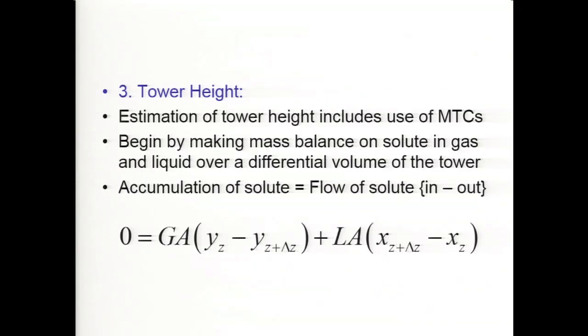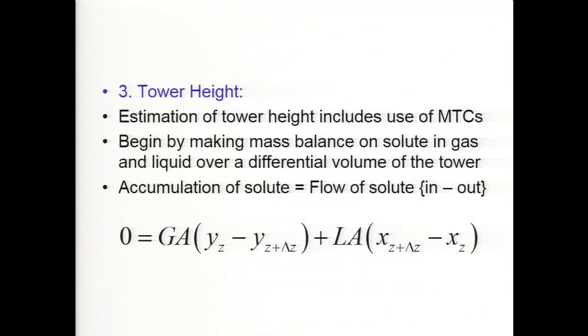Here everything is positive, all flow rates are positive. So G A is positive, L A is positive. They are going to be here in kmoles per second of total gas and total liquid, positives. All mole fractions are positive, and we know that gas enters richer at z and leaves leaner at z plus delta z. So this is going to be positive. This is the quantity which gas has lost of the solute vapor.